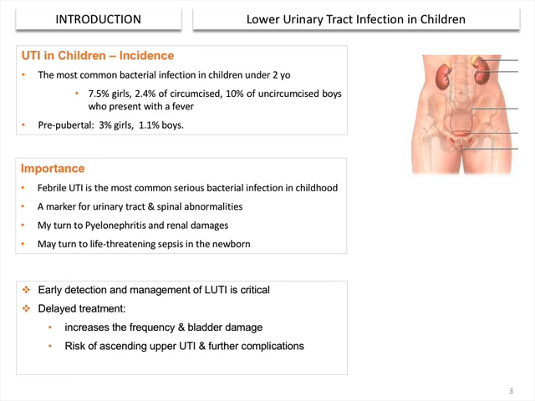Therefore, early detection and treatment of UTI as soon as possible is crucial in order to prevent ascending infection to the upper urinary tract, and to reduce the risk of frequent UTI and bladder damage.